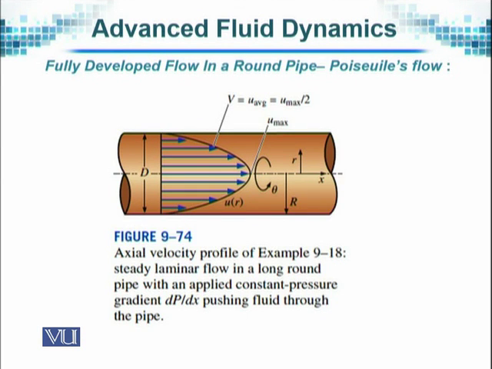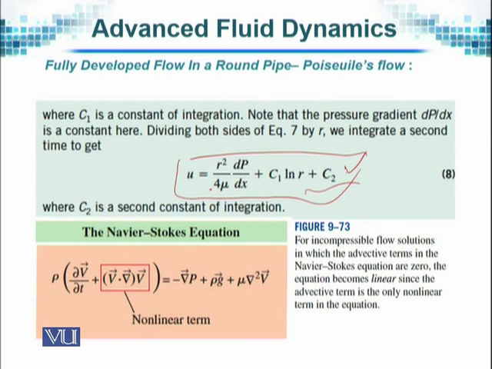Looking at the geometry, the flow will look like this, because it is obvious that in terms of r, there is a square term coming in here. And if r is squared, there will be variation and contribution from these terms as well. But the dominating term is this. The motion is generated because of dP by dx.